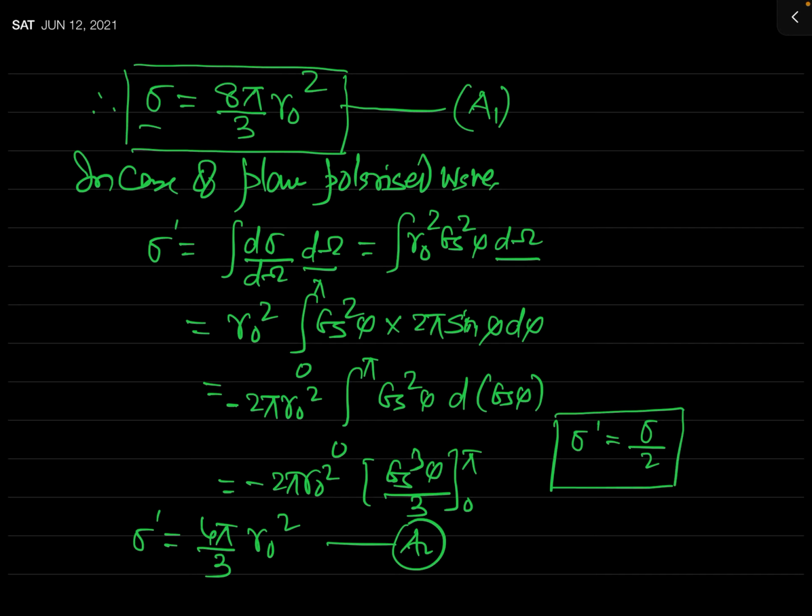And you can also see that this total scattering cross section depends only on the classical radius of our scatterer. So in this way we have obtained the total scattering cross section and the differential scattering cross section. Actually this formula which I have mentioned here in equation A1 is known as the Thomson scattering cross section.